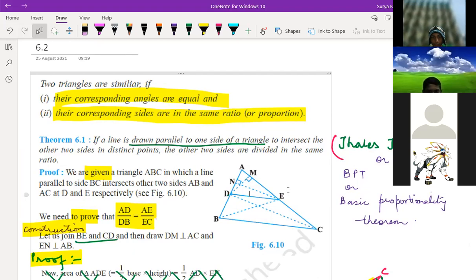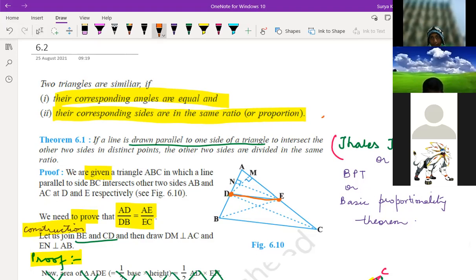So children, here we have the given: in triangle ABC, a line parallel to side BC intersects the other two sides AB and AC at D and E. See what they have given here. This line DE, where is D meeting? AB, and E is meeting AC, right?